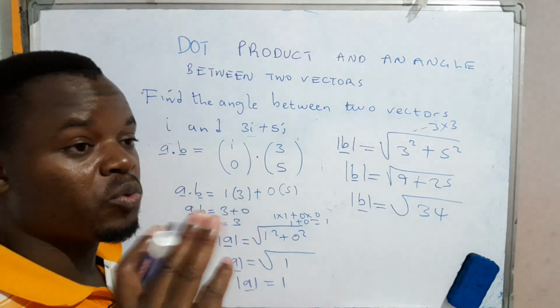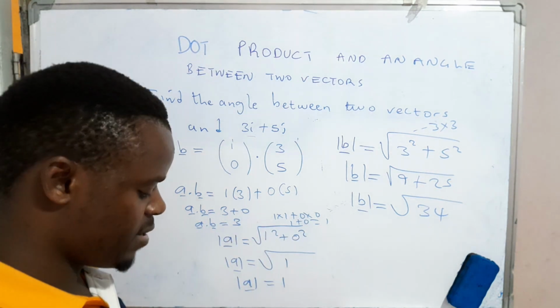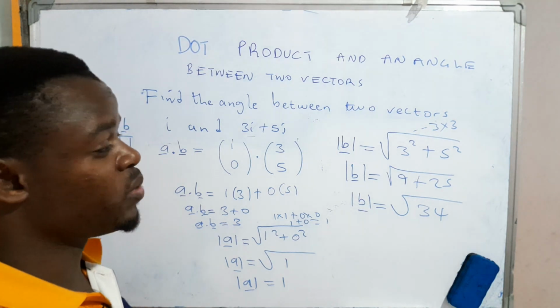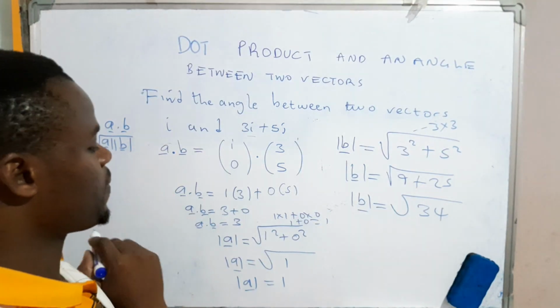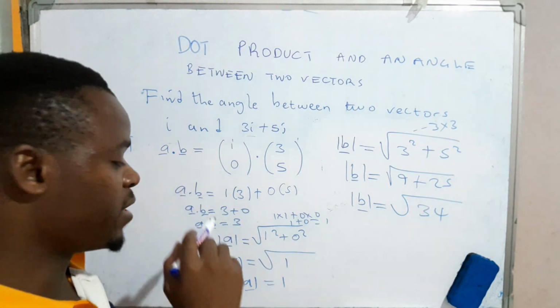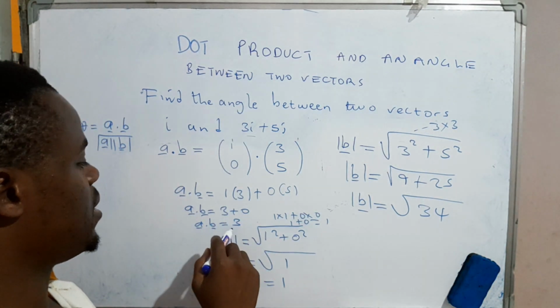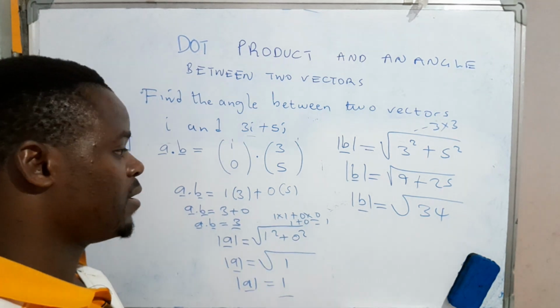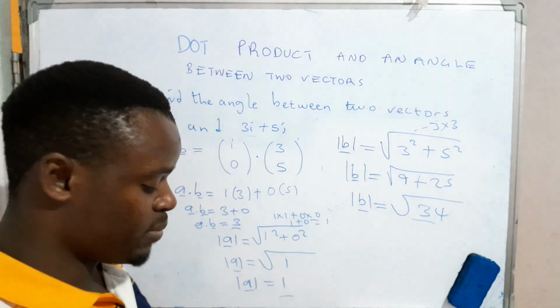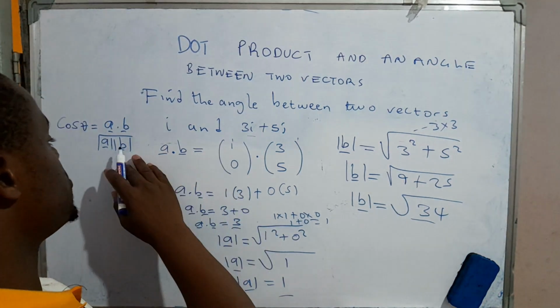Now we have the three components that we need to determine the angle between two vectors. We have the dot product of vector A and vector B, which is 3. We have the magnitude of vector A. We also have the magnitude of vector B. So we can now plug them into that equation.